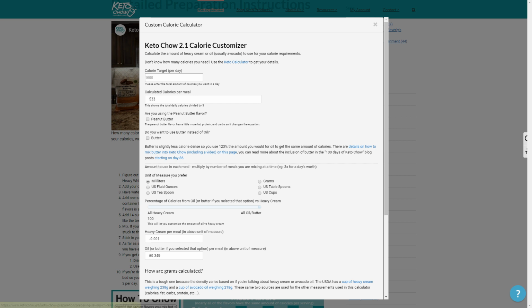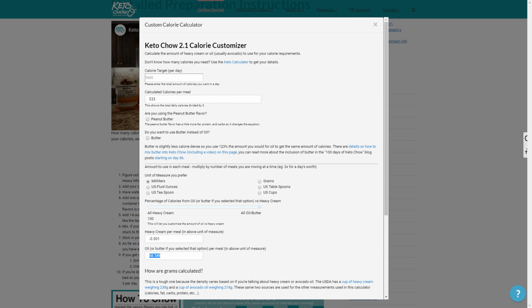So here we go. If I wanted to do all oil to get 1,600 calories, well, it's giving me about 50 milliliters of oil. If I wanted to use some MCT oil, which I don't recommend, but you can use it. It's not something that you have to use. It's actually a bit of a lengthy discussion as to whether you should use MCT oil or not.